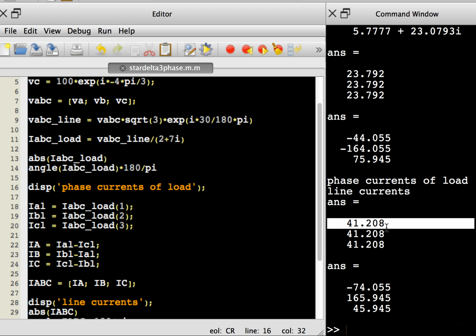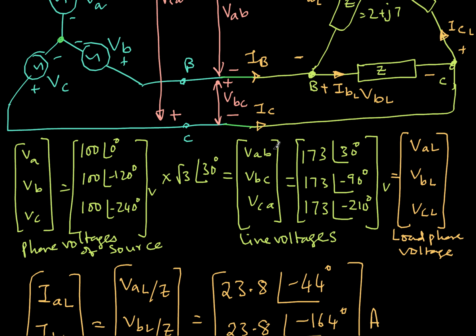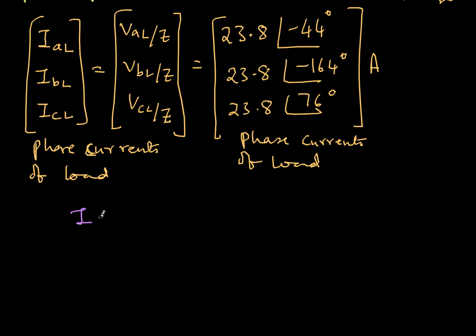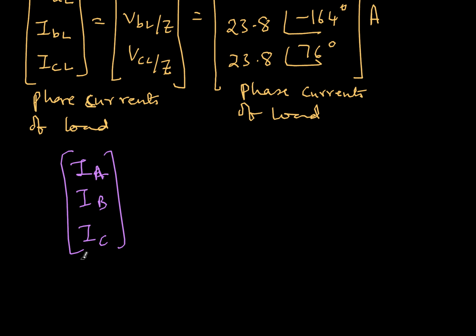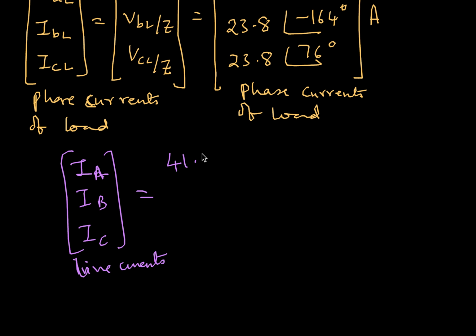The magnitude is 41.2. Let me write that here. Therefore I capital A, I capital B, I capital C, these are line currents, and the magnitude is 41.2, 41.2 and 41.2.